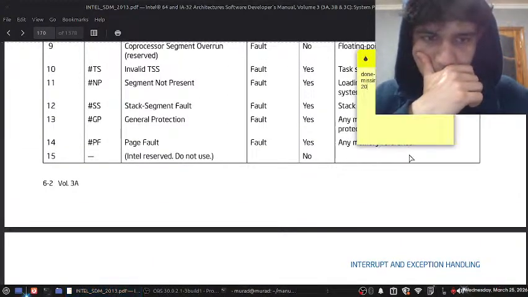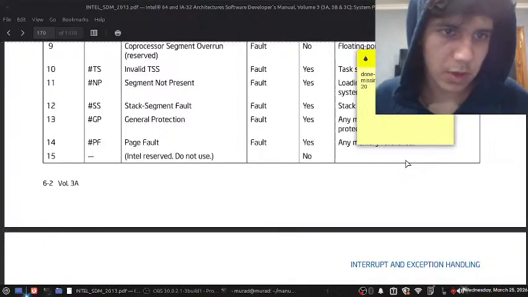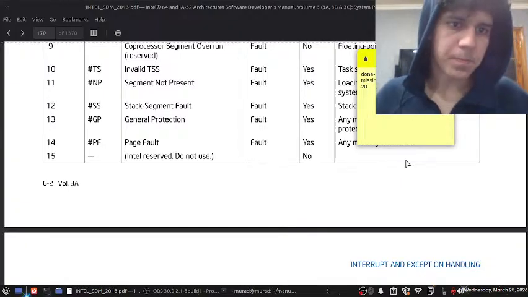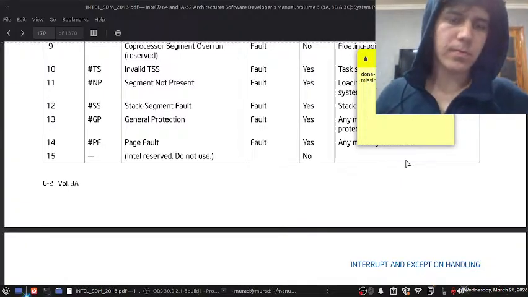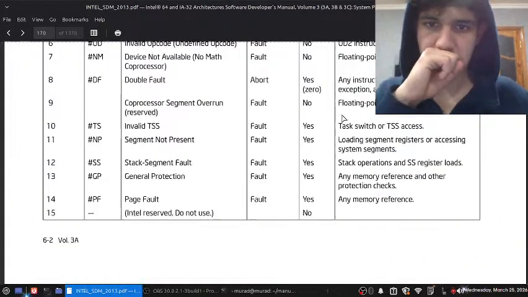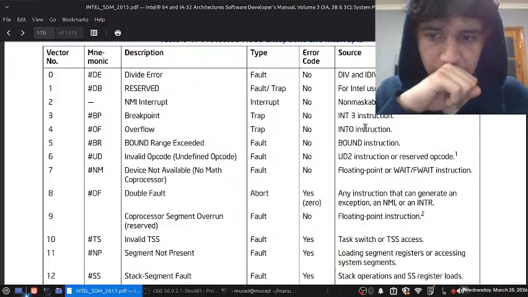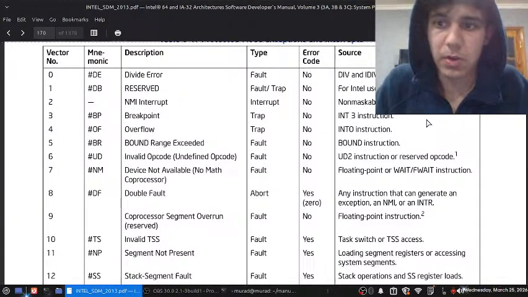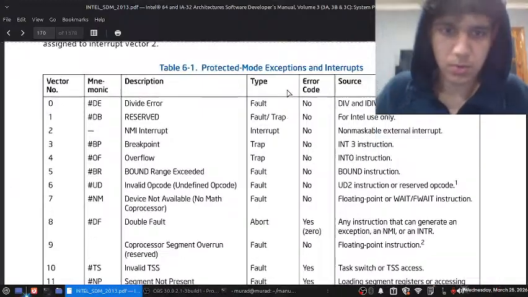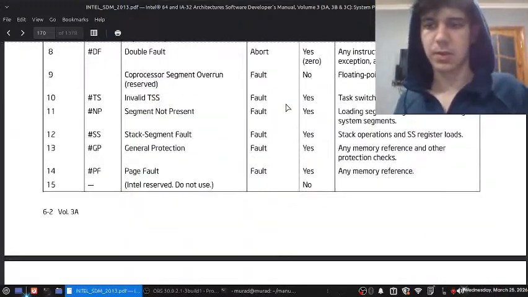So I don't have to implement this interrupt because it is reserved. So what does the reserved interrupt do? Nothing.